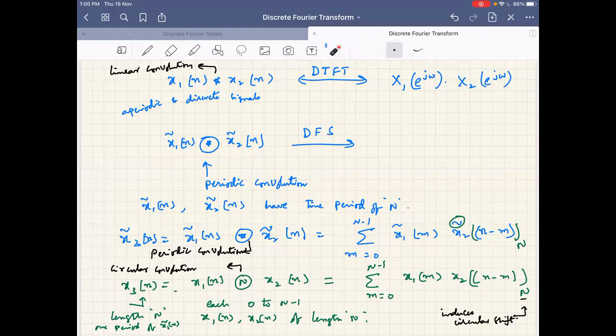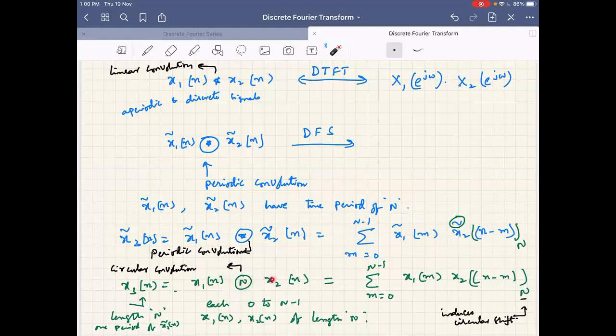Okay, and similarly here as well, if n1 and n2 are two different lengths for the aperiodic sequences x1 and x2, you can take the circular convolution with either n1 points or n2 points.